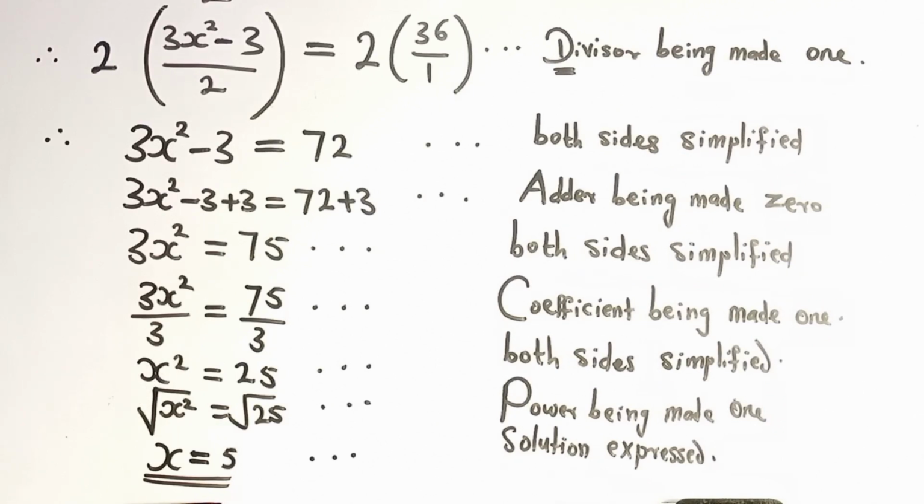Let us use the first method of using roots. We can also use the method of using the inverse of the power. Is it square root, cube root, fourth root, or fifth root that we need to clear this x to the power 2? It is square root. Don't forget, this is how to write square root.